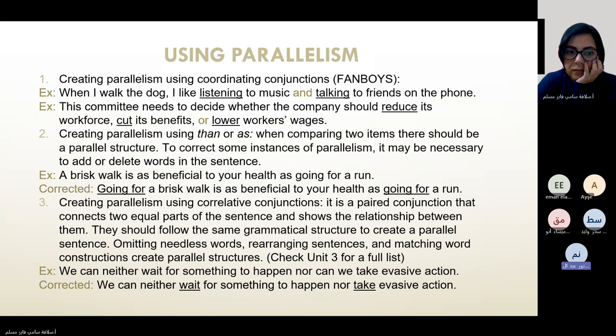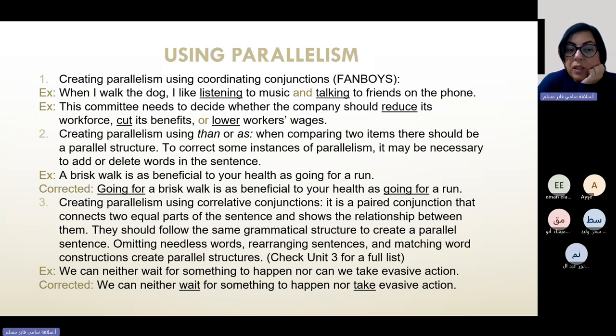This committee needs to decide whether the company should reduce its workforce, cut its benefits, or lower workers' wages. Okay, did you see how we use the coordinating conjunctions to make parallelism? Listening, talking, reduce, cut, lower. The coordinating conjunctions give us room to make the words equal.